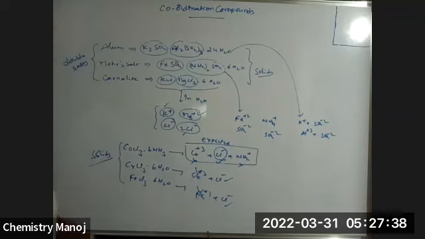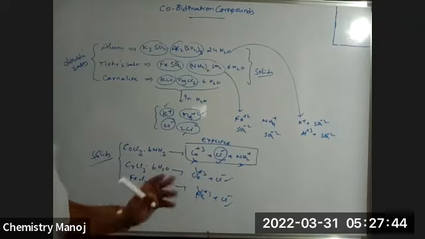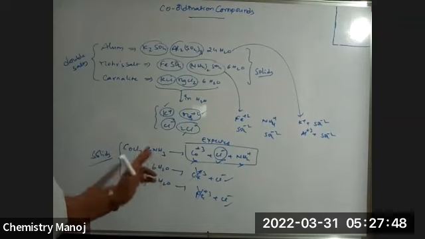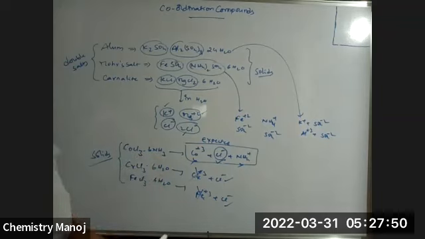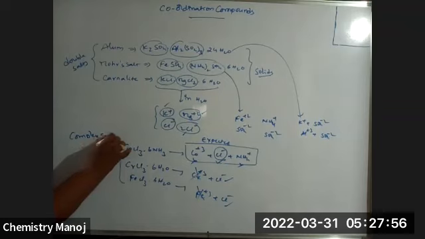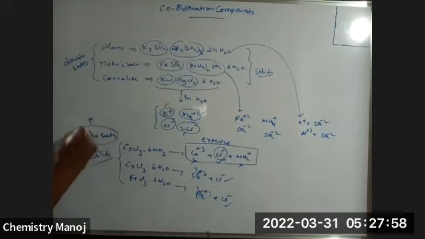Why do these salts behave like that? Scientists at that time didn't know. So they said some complexity is there in these salts. That is why they named these salts complex salts. Later, these complex salts were considered as coordination compounds.